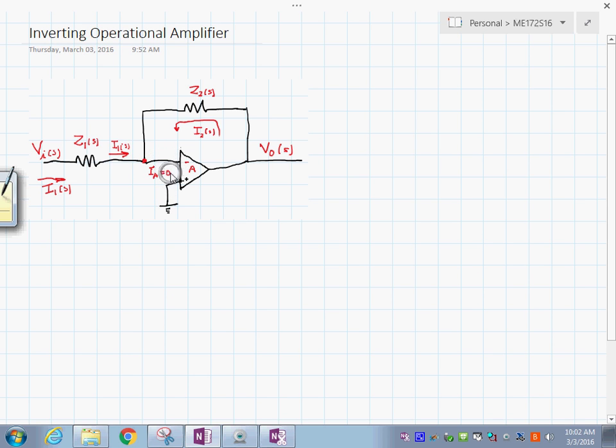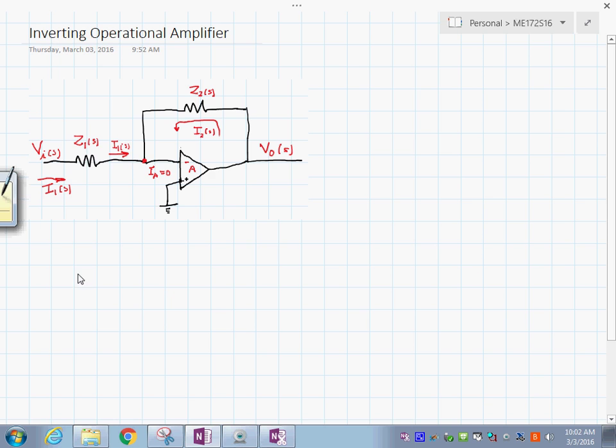So let's go ahead and write the equations that we have. In this particular case, remember the basic equation: V output is the gain times V sub 2 of t minus V sub 1.